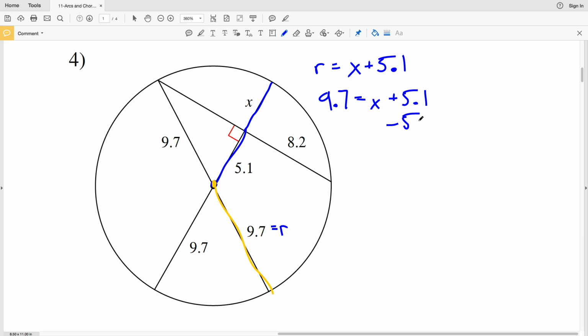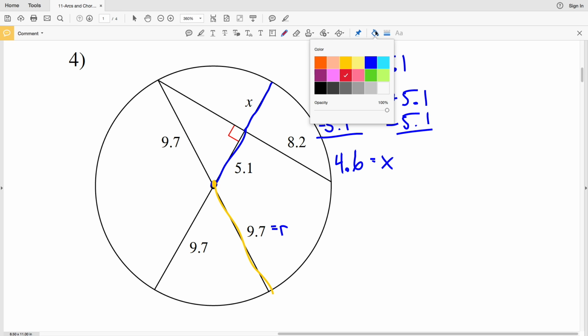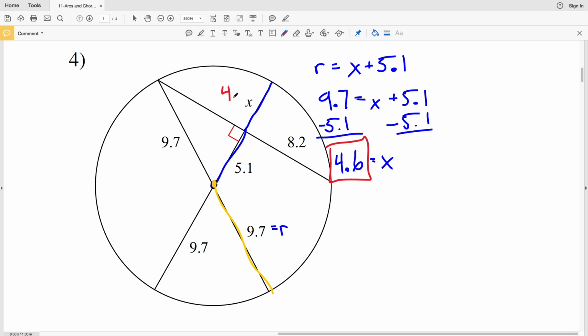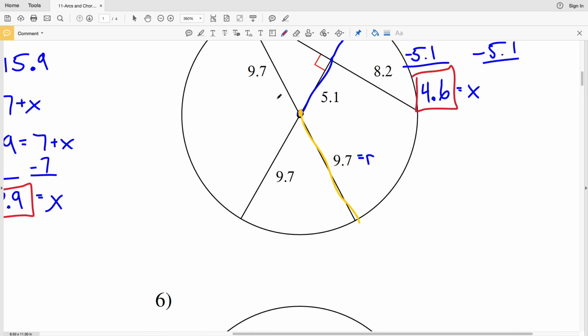We'll subtract 5.1 from both sides to get that x is equal to 4.6. So 4.6 is x in number 4. And we knew that this was a radius because it bisected a chord perpendicularly. Because that chord was bisected perpendicularly, we know that this is indeed a straight line and therefore the radius.